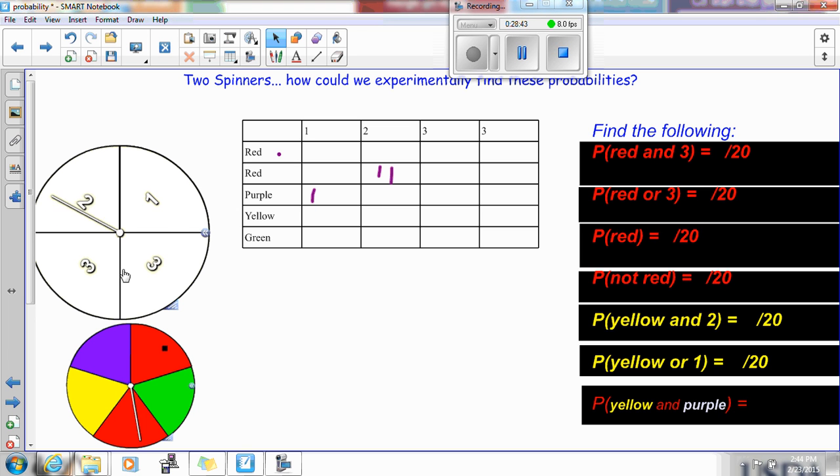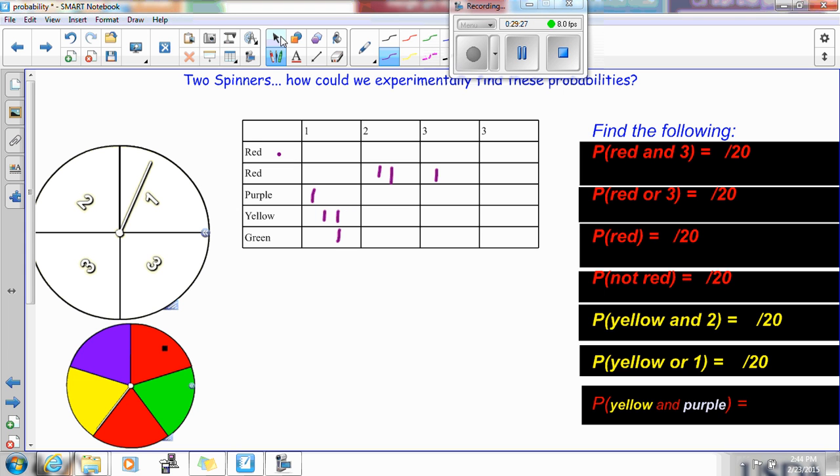And again, a red 3. Yellow 1. Okay. A green 1. I call that a yellow 1.